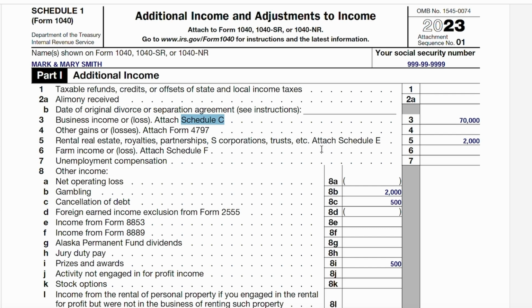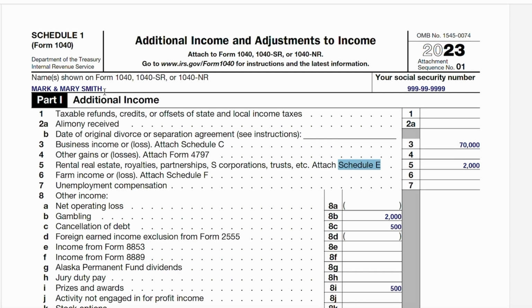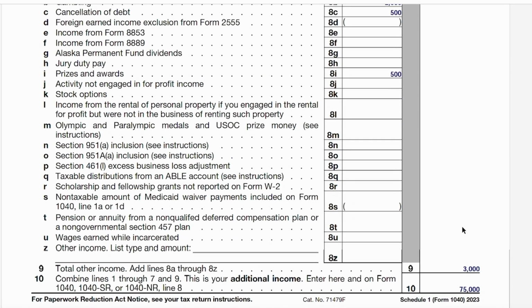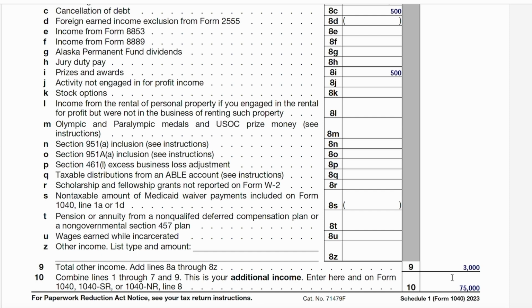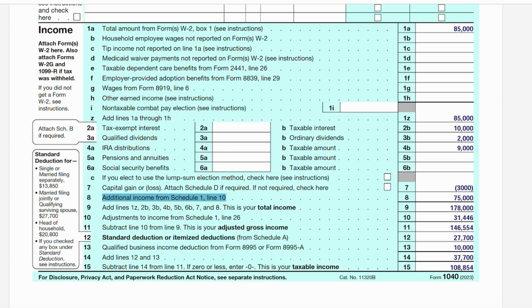Similarly for rental real estate, first fill out Schedule E. In Schedule E you will show your rent received, all the expenses for the renting that you have done, and then you will have your net income from rental real estate. That will have a stopover on Schedule 1 part 1 additional income. All this income gets combined, then total income from additional income Schedule 1 part 1 will flow to Form 1040 page 1, and it will be shown over here.